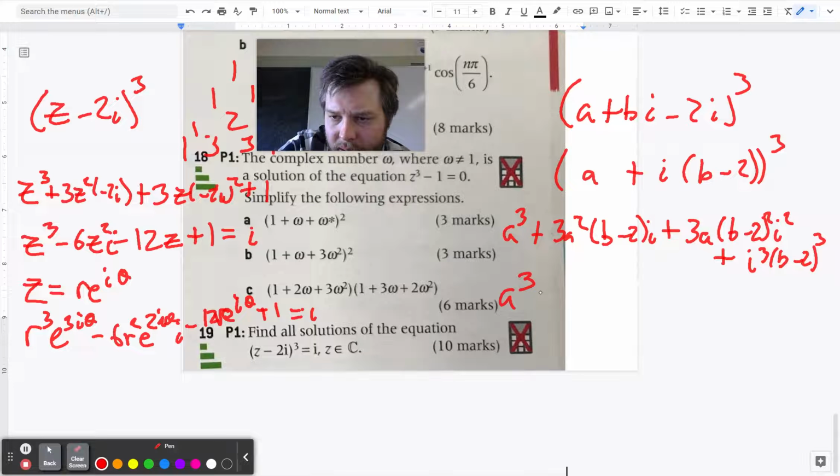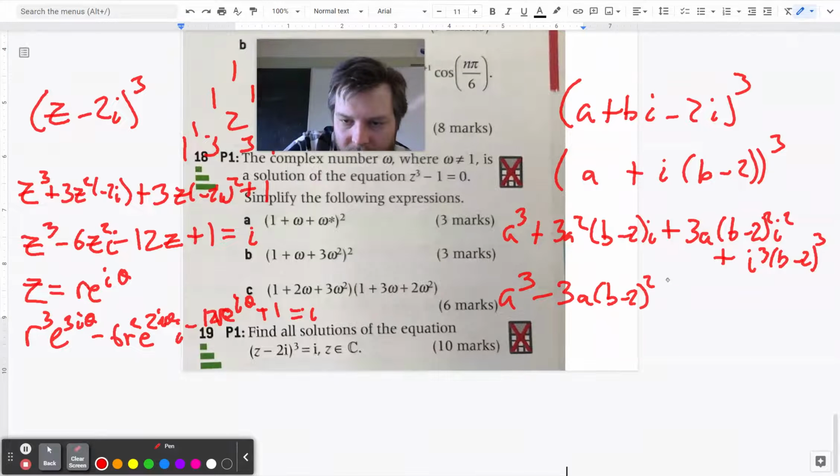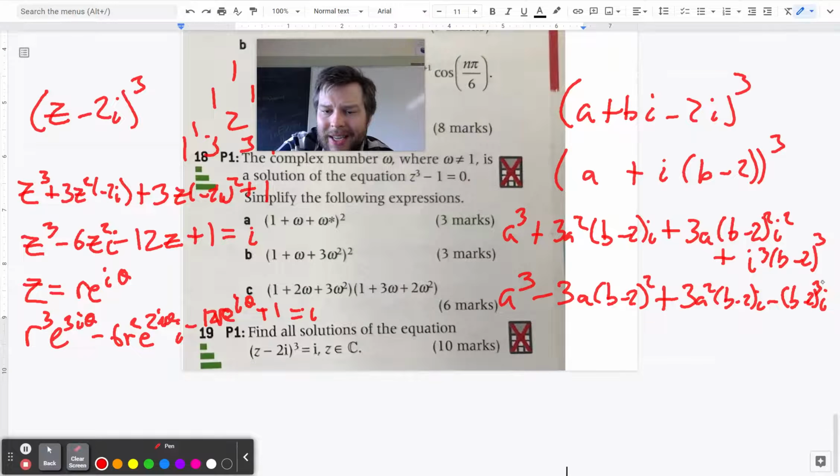The real parts would be a cubed minus 3a (b minus 2) squared, and the imaginary parts are 3a squared (b minus 2)i minus (b minus 2) cubed i. And actually, maybe we can get somewhere with this because the real parts need to equal 0 and the imaginary part needs to equal 1.